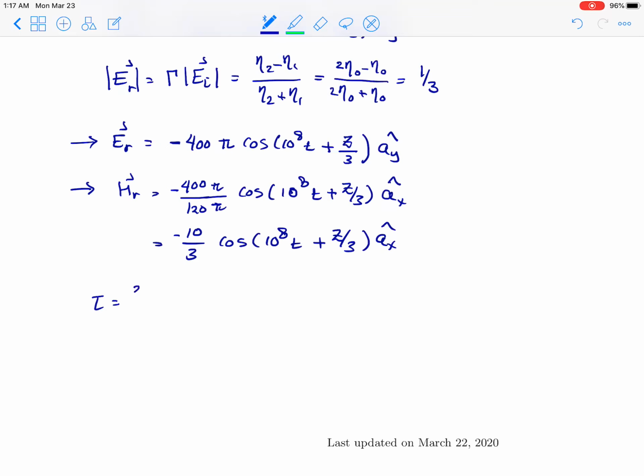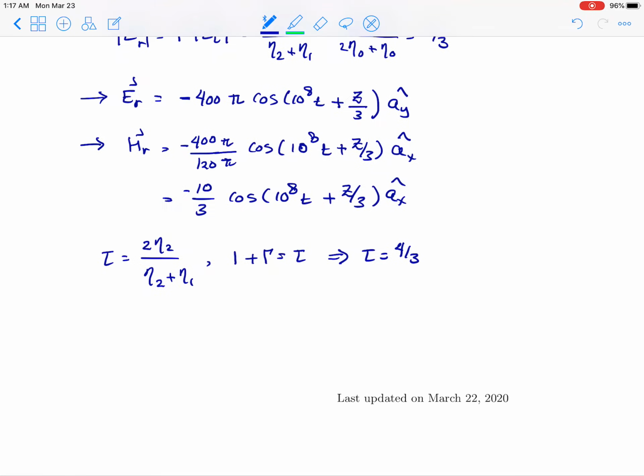In order to find tau, we can either use this equation, 2 eta 2 divided by eta 2 plus eta 1, or use this equation. Both will give us tau equals 4 divided by 3.